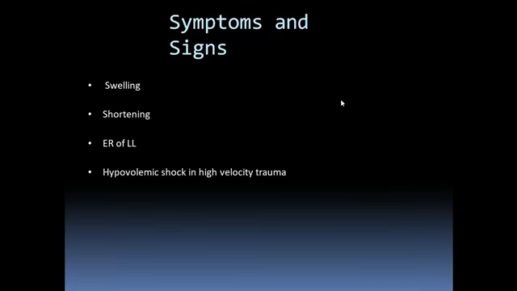Symptoms and signs: swelling on the proximal thigh, shortening will be there, no doubt, external rotation of the lower limb, and as it is high volume, high velocity trauma, there will be hypovolemic shock.